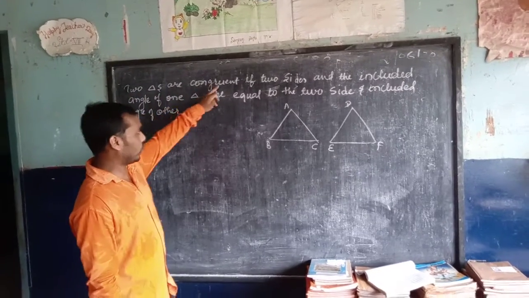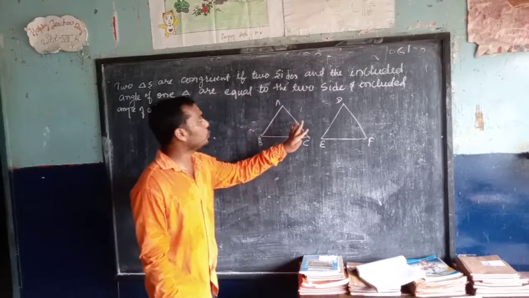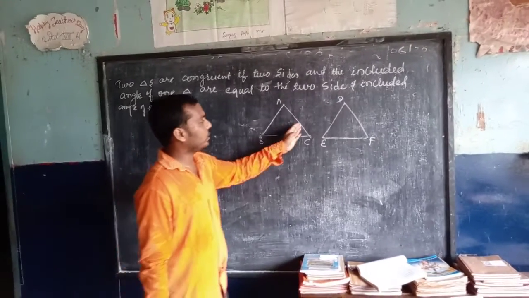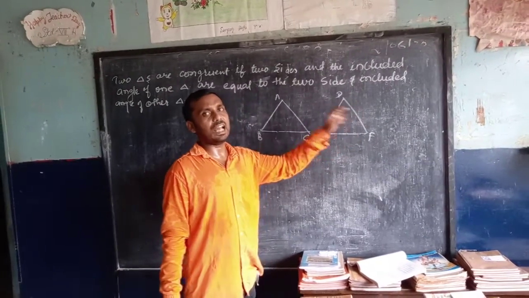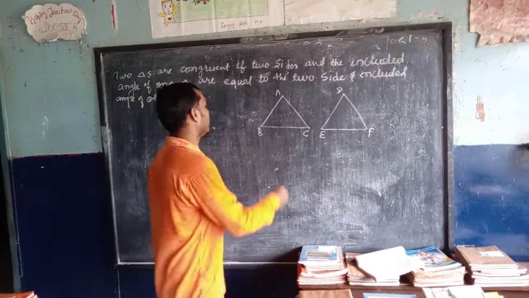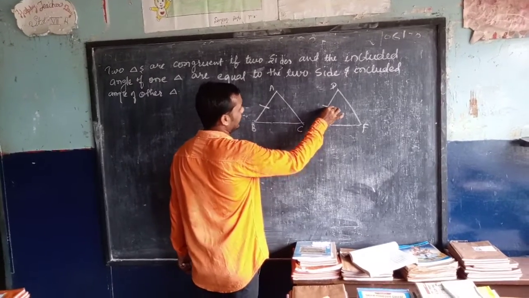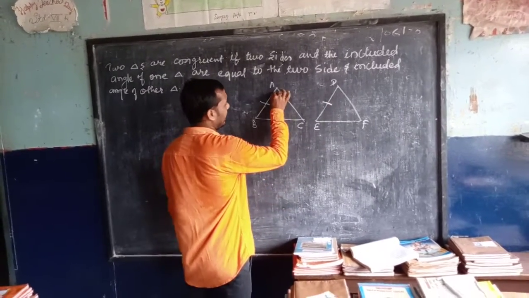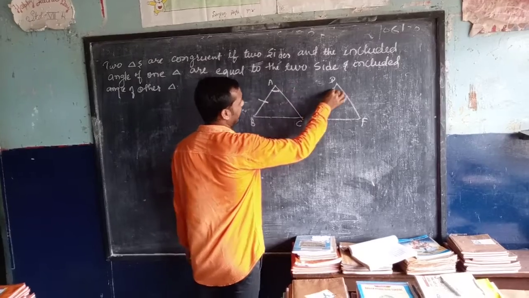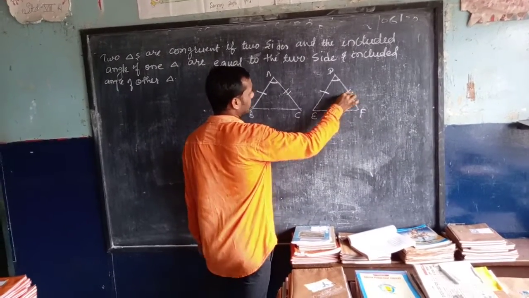Two triangles are congruent if two sides of one triangle are equal to two sides of the other triangle and the included angle between the two sides is equal. Suppose we take AB equal to DE, angle A equal to angle D, and AC equal to DF.